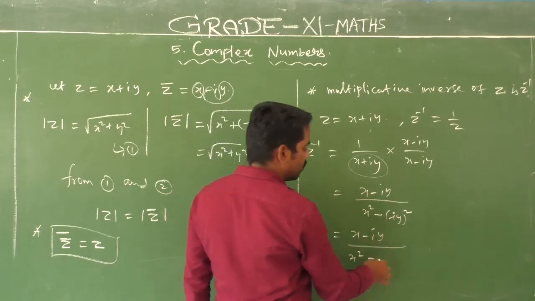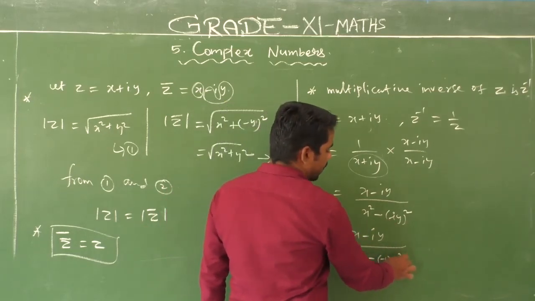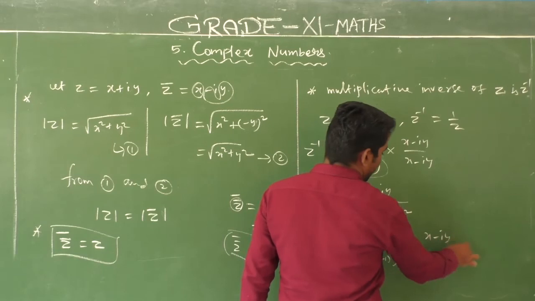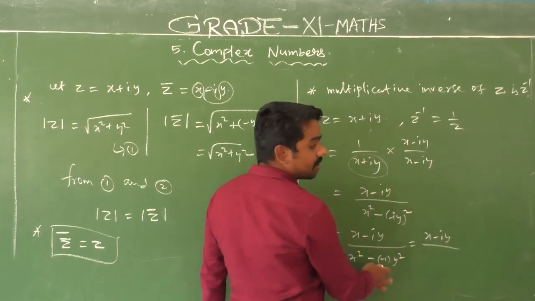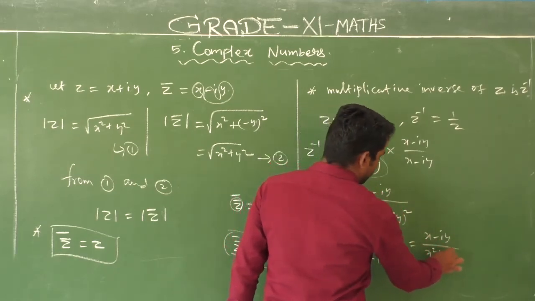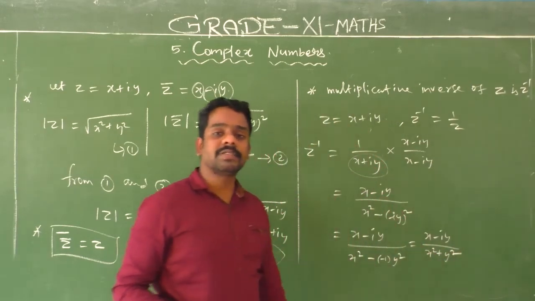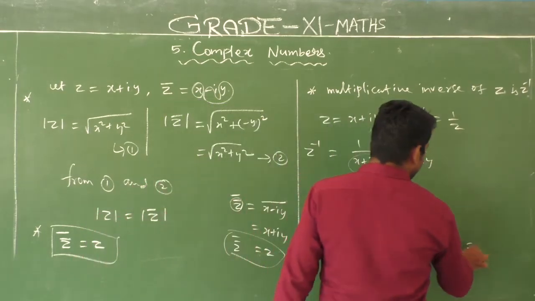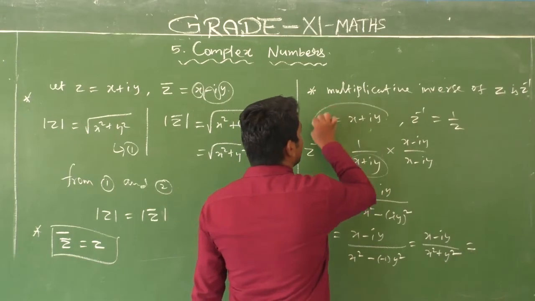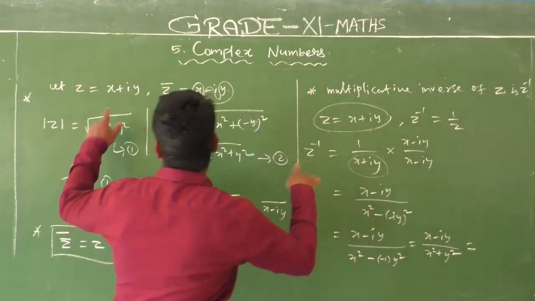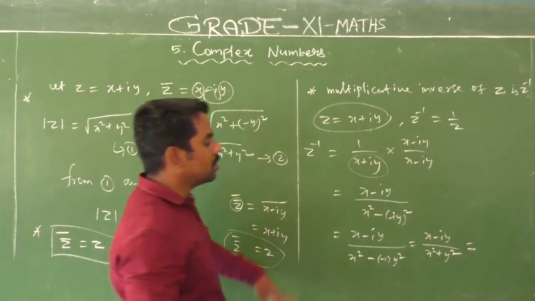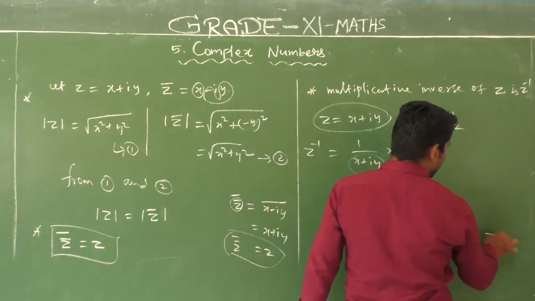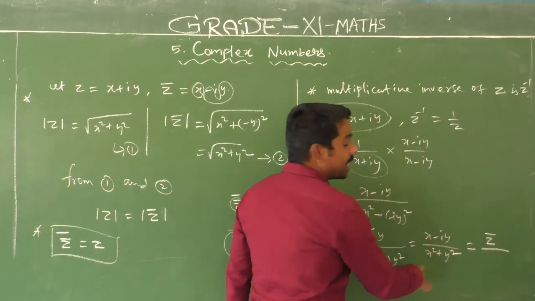So that is x minus iy by x squared minus of -1, which means plus, so x squared plus y squared. Here x plus iy is equal to z, then z bar is x minus iy. So we get z bar by x squared plus y squared.